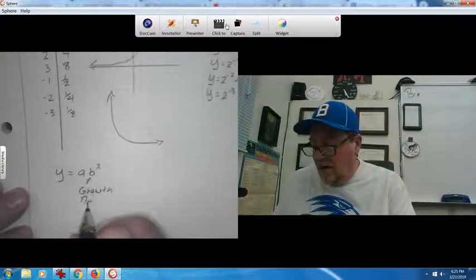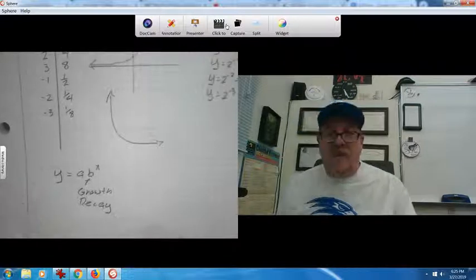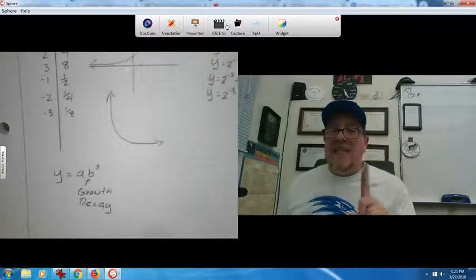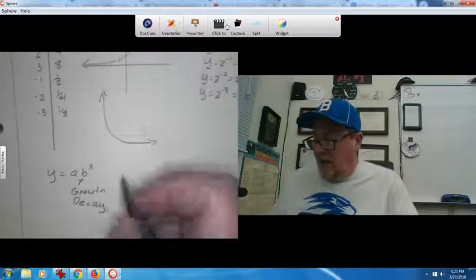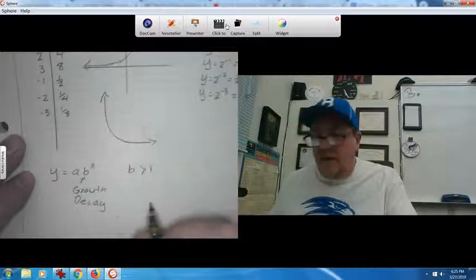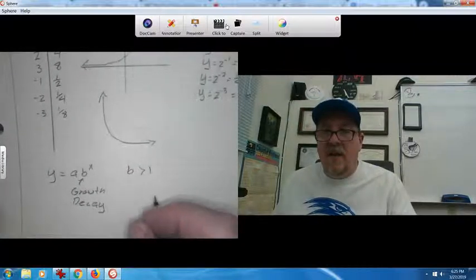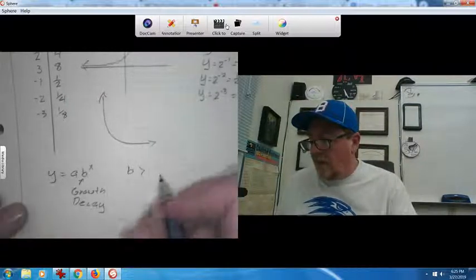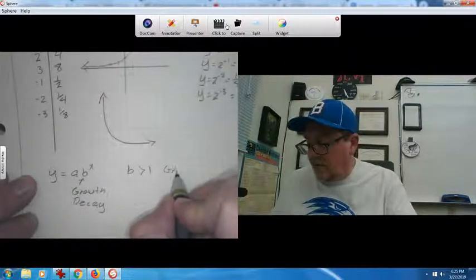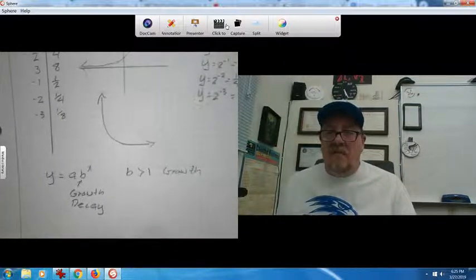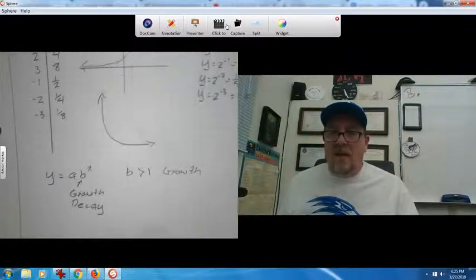And you're actually going to get problems in your homework that say, hey, is this exponential growth or is it exponential decay? And it is as simple as this. If b is greater than 1, positive 1, so numbers like 2 or 3 or 4, then it's called growth. If b is bigger than 1, it's growth.